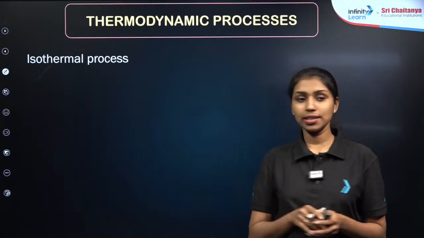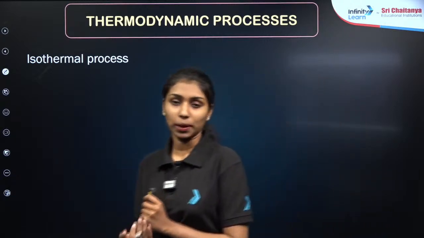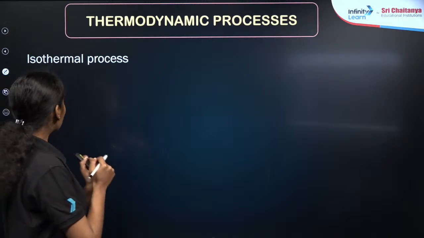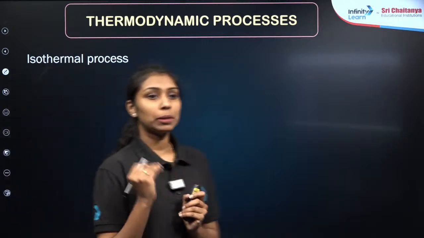Four types of process, right? Isothermal, isobaric, isochoric, and adiabatic processes. So let us start one by one. First one is the isothermal process.